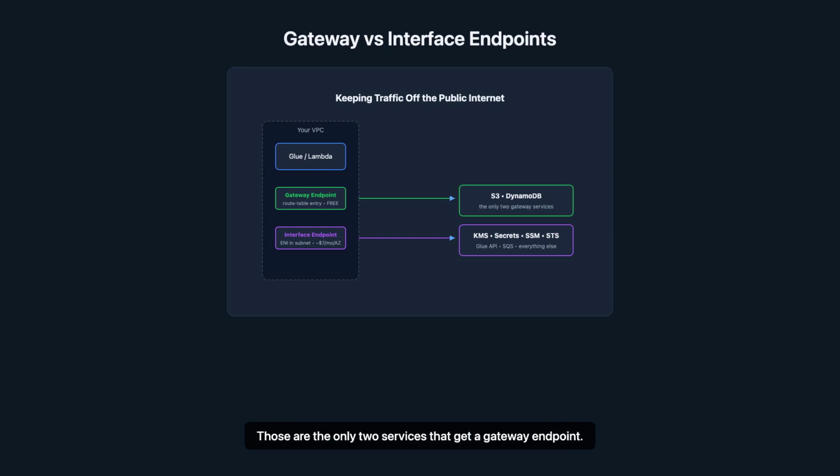Those are the only 2 services that get a gateway endpoint. An interface endpoint is a real elastic network interface, an ENI, with a private IP address inside your subnet. It covers KMS, Secrets Manager, and almost everything else, but costs about $7 per month per availability zone, plus data processing.